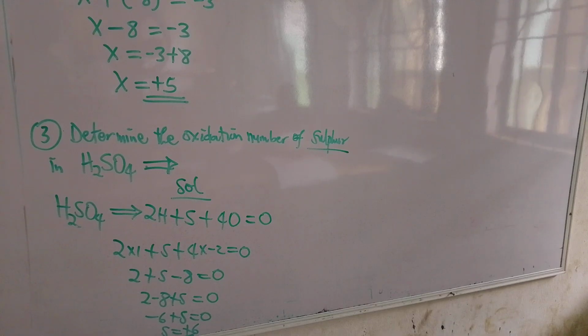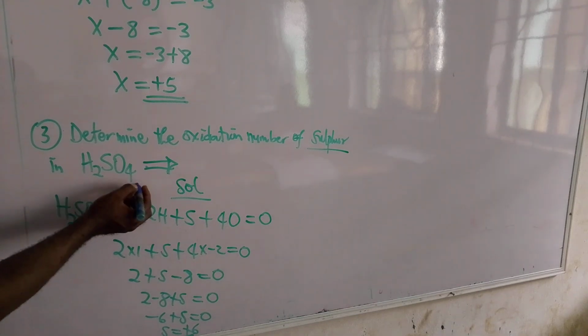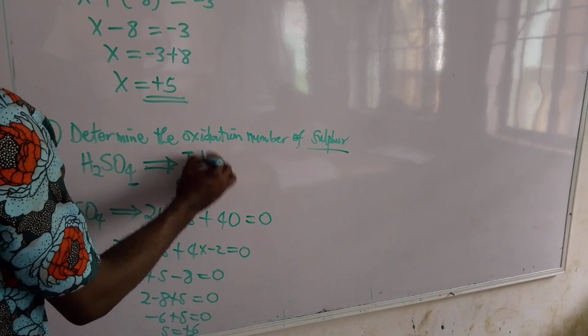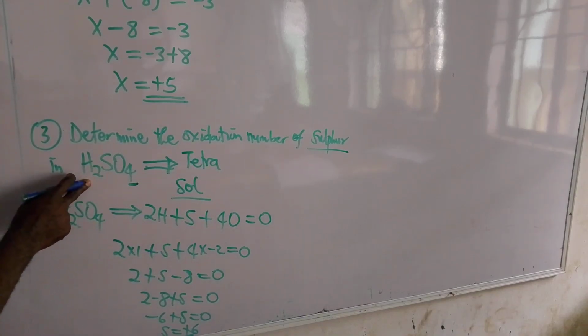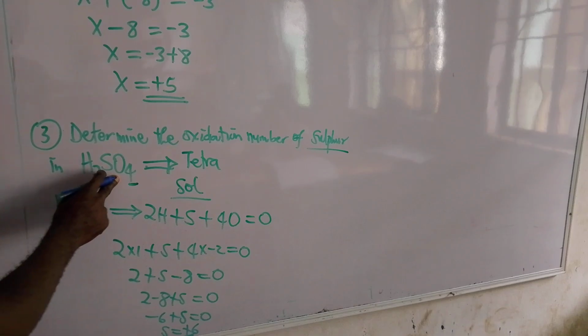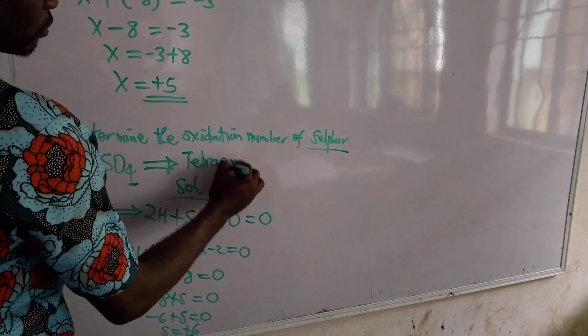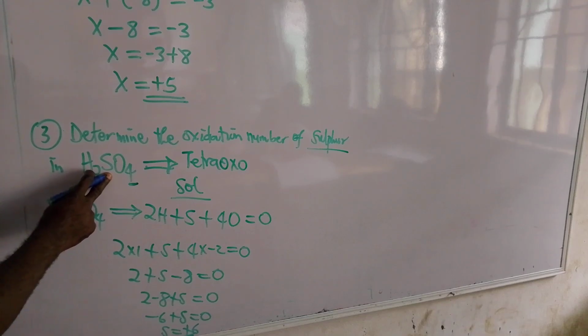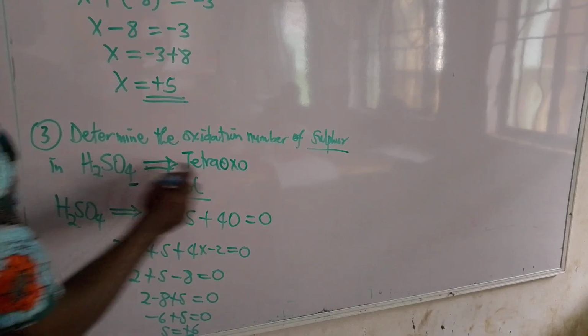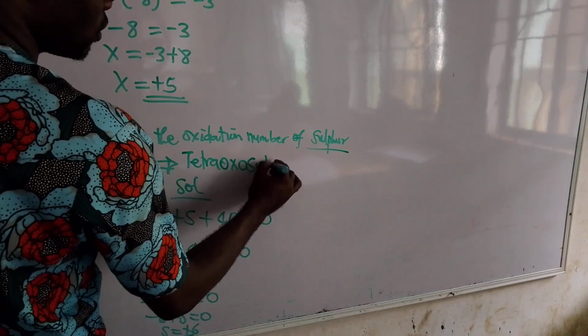So you start from the back. 4 is tetra. O, since it is 3, 1, 2, 3, there are 3 elements coming together, O should be pronounced as oxo. Since we have 1 in the middle, it should end with ate. So sulfur should be called what? Sulfate.